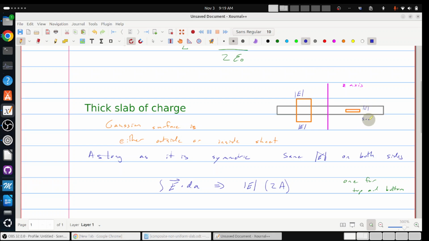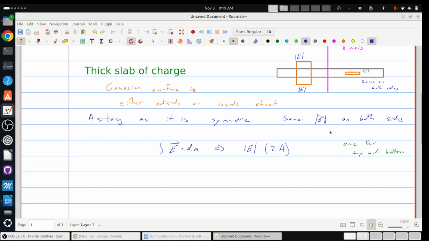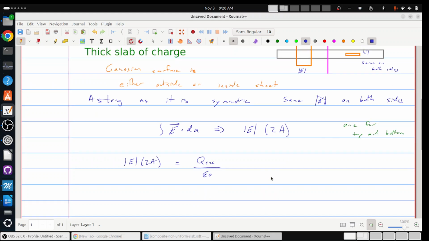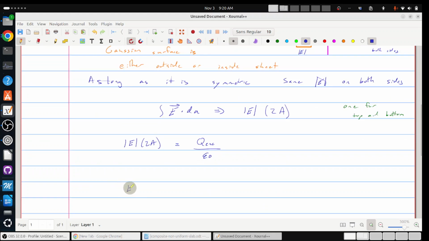The electric field's going to be the same on both sides. And so, since this is the left-hand side of the Gaussian, the right-hand side of the Gaussian is the charge enclosed over epsilon naught. And we find that the electric field is equal to Q enclosed over epsilon naught 2 times the area of the Gaussian.